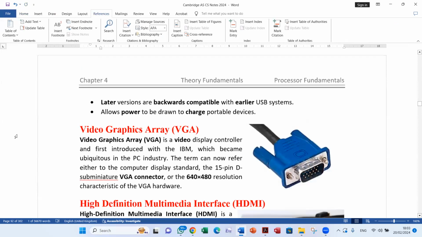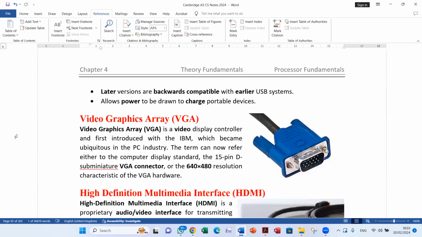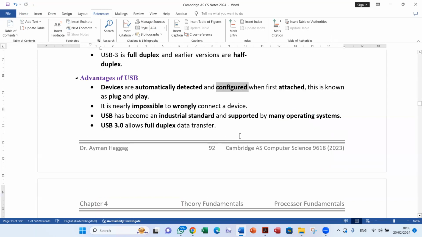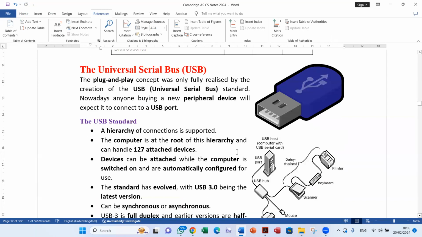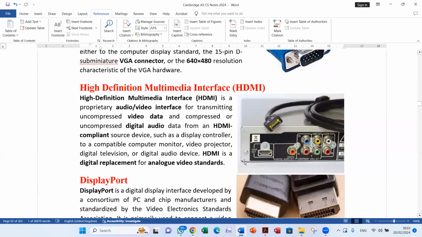Later versions are backward compatible, so you may operate USB 3 with an older version like USB 1. It allows power to be drawn to charge a portable device or power a mouse. So this is the Universal Serial Bus, and it is all like this in the O-level.